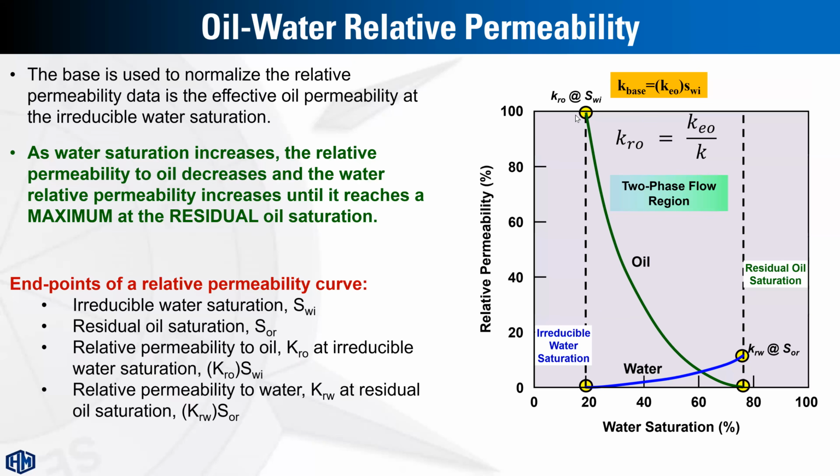And the last point is KRO at SWI. Once you have KRO equal to 1 or 100%, that means the base permeability is defined, according to this definition, as the effective oil permeability at SWI. That means the two values will be the same, so KRO at SWI in that case must equal 1.